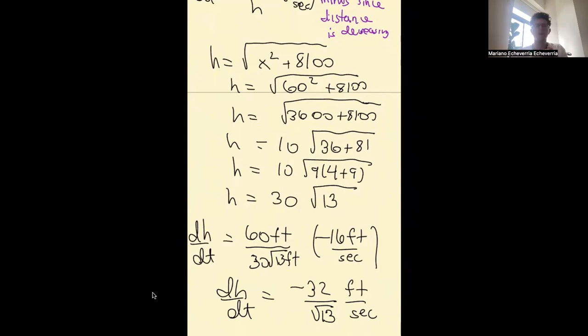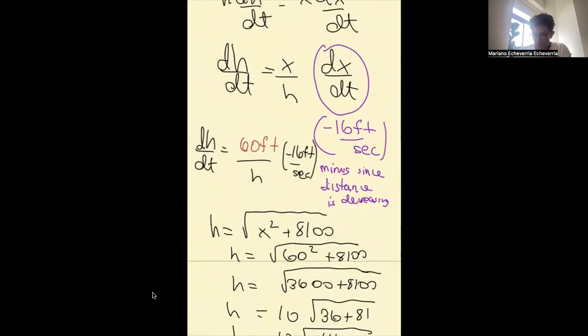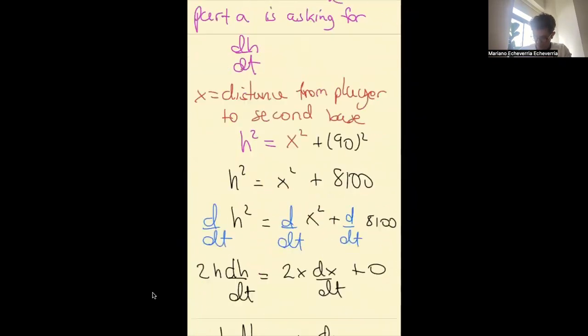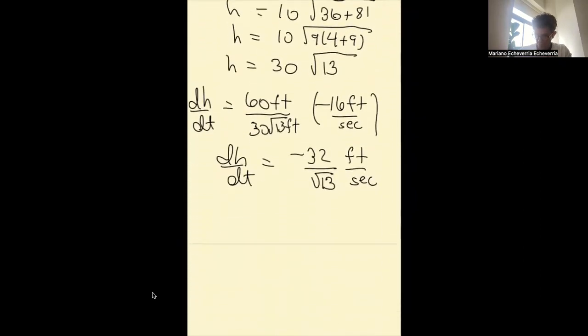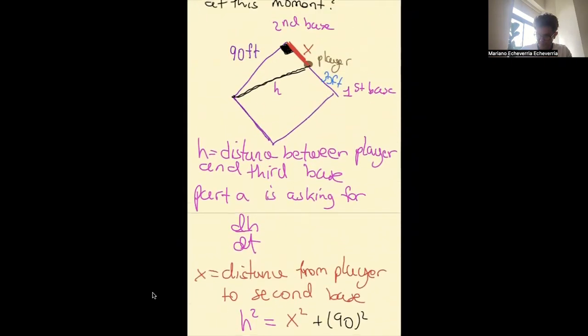Okay, and then the second question was just about the angles, how fast these angles are changing. So let's go back to the diagram. Let me copy paste the diagram again.